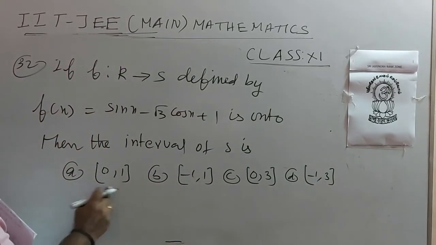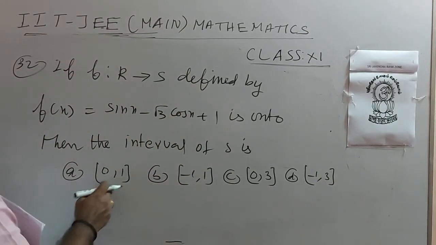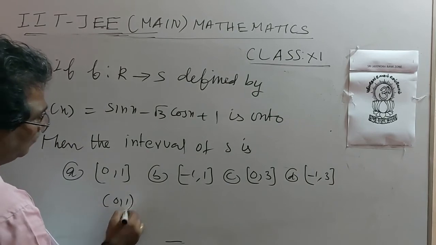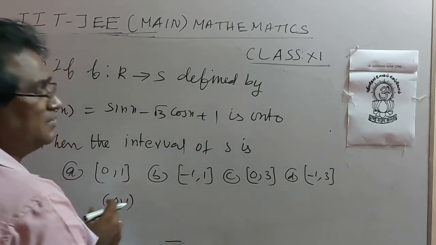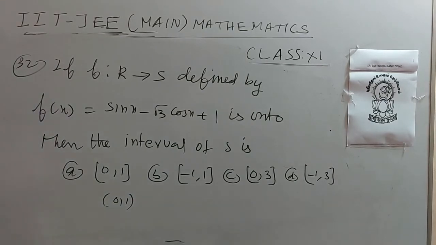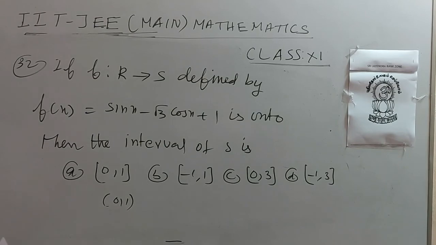If you note this closed bracket, closed interval includes endpoints; if you put an open bracket, it excludes them. 0, 1 and all values between 0, 1, that is open interval. This is called closed interval, this is called open interval.